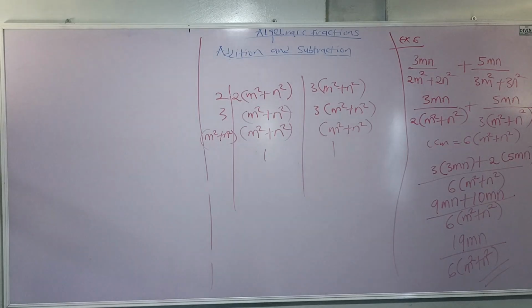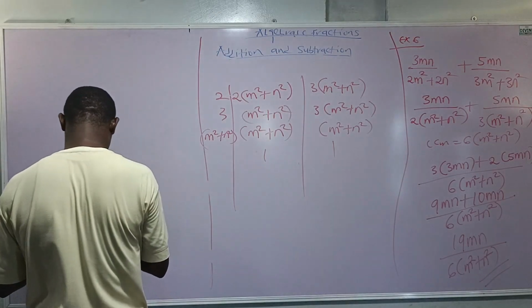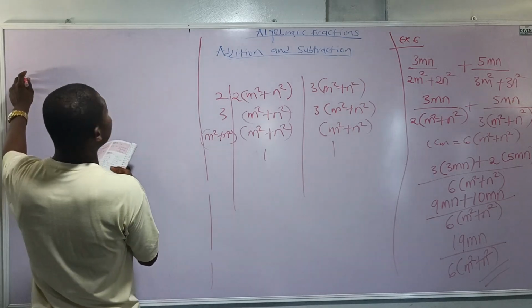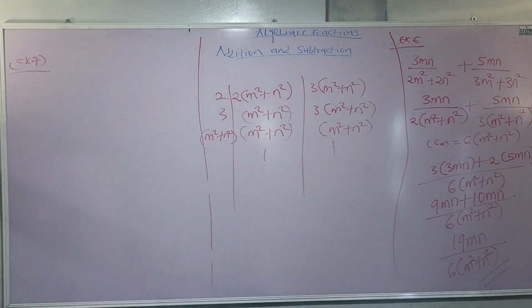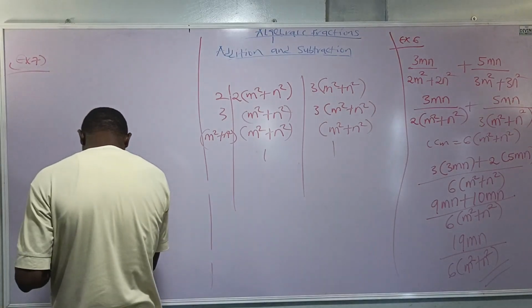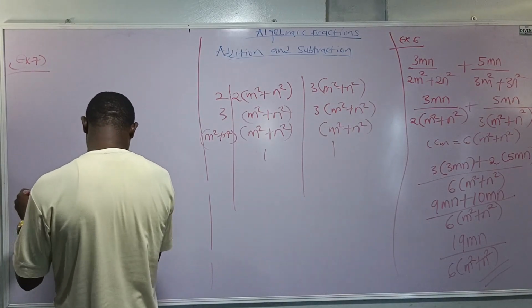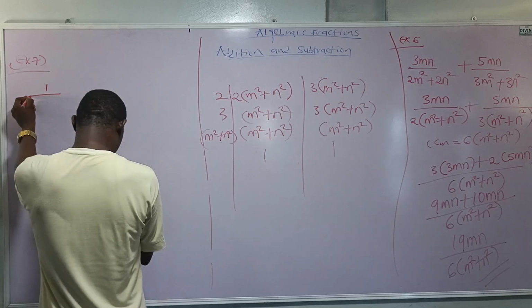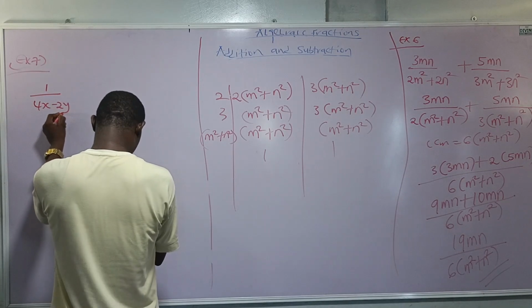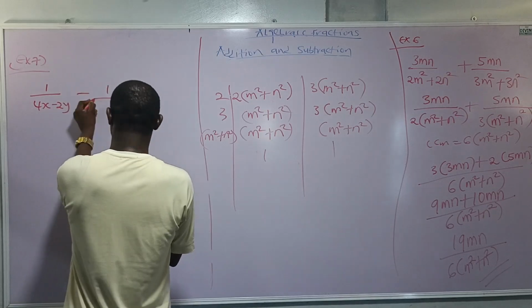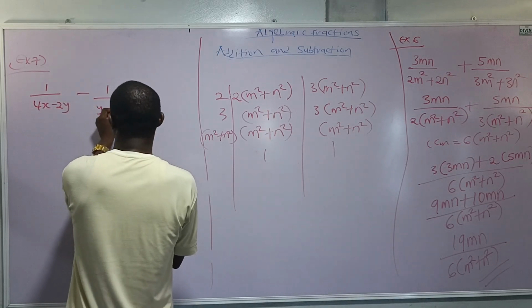Our next question is, let me say this is 6, so this becomes 7. So our example 7 is 1 all over 4x minus 2y, minus 1 all over y minus 2x.